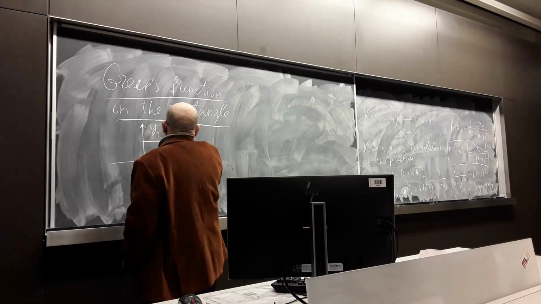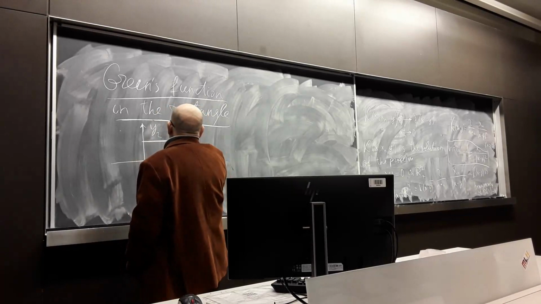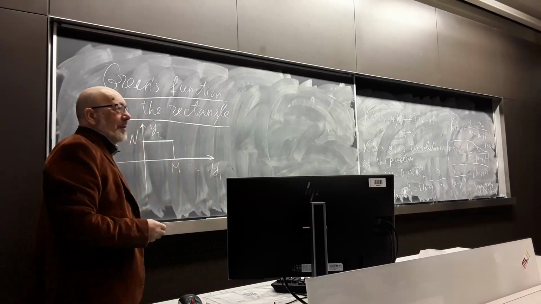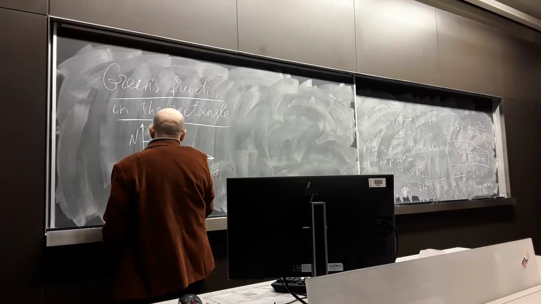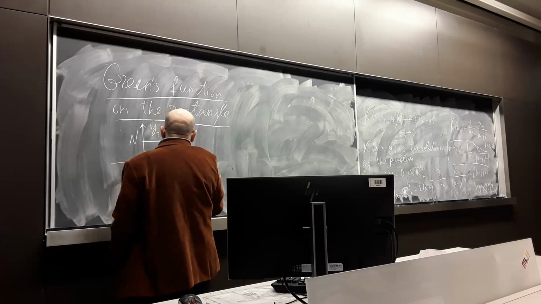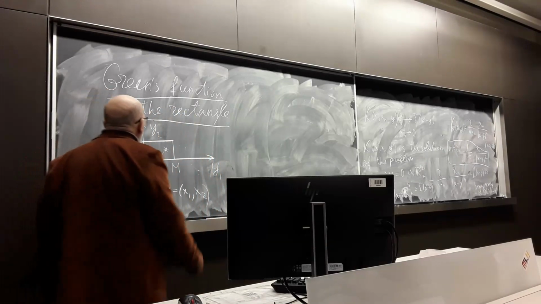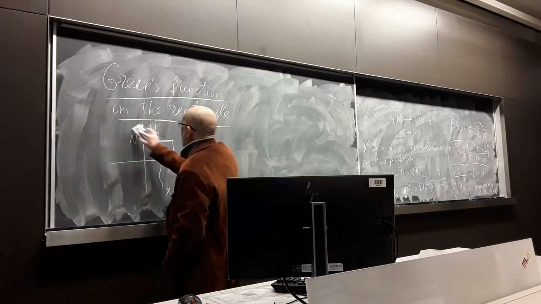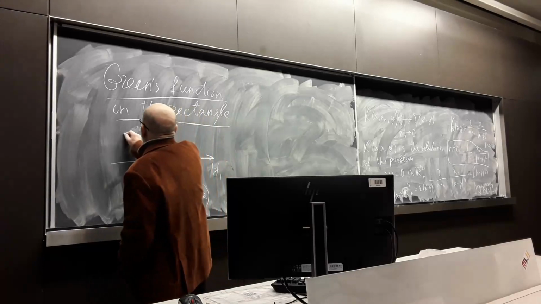We have a rectangle with sides, say, L1 and L2, and here we have the point x, x1, x2.